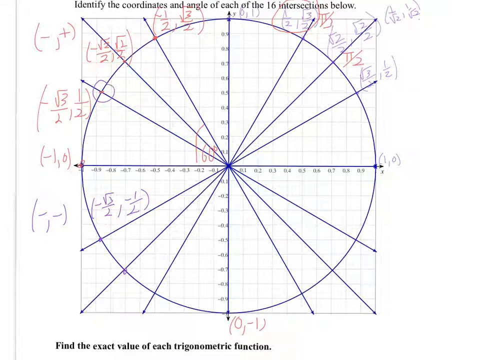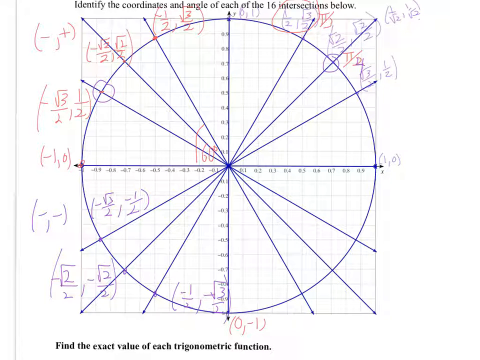This is my reflection of my pi over 4 angle, which is negative root 2 over 2, negative root 2 over 2. This is my reflection of my pi over 3 angle, negative 1/2, negative root 3 over 2.